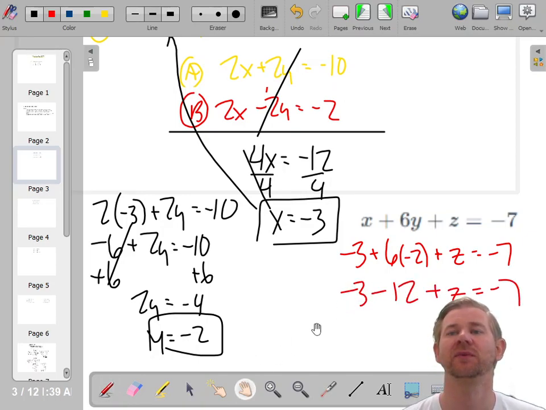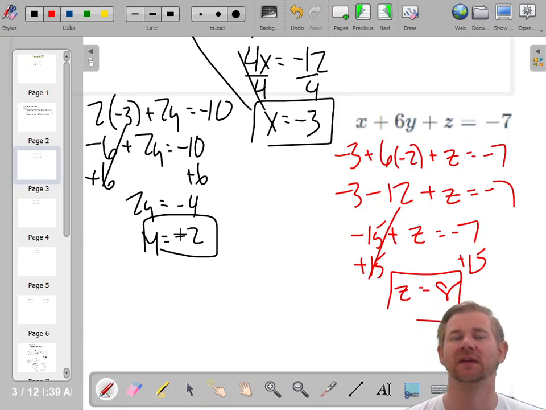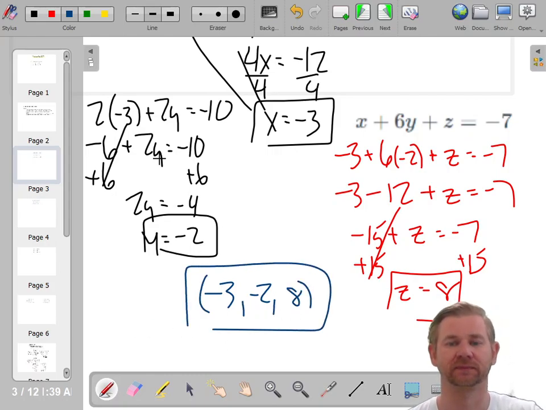When you combine -3 and -12, you get -15. When you add 15 to both sides, 15 minus 7 is 8. So as an ordered triple, we write x, y, z: -3, -2, 8. That's your ordered triple, okay?